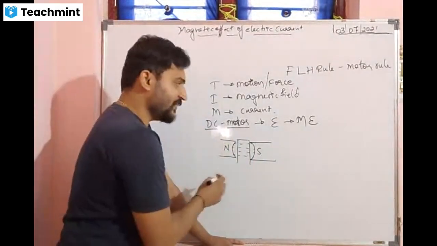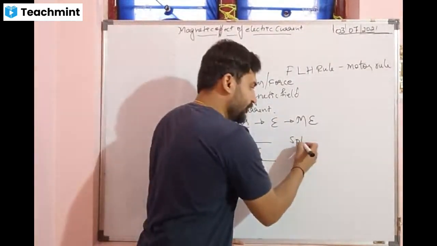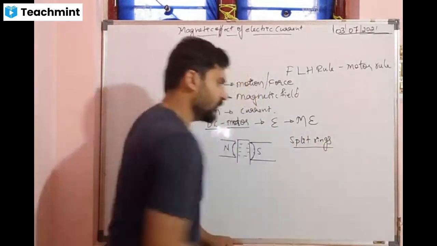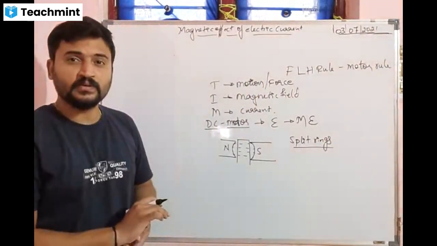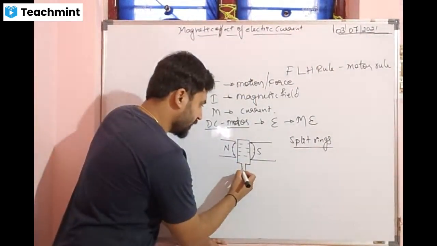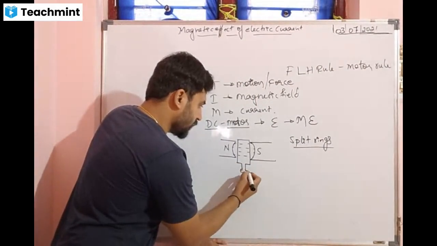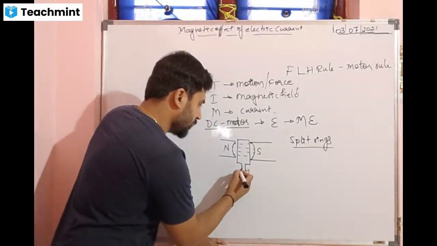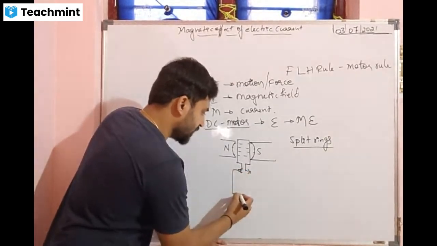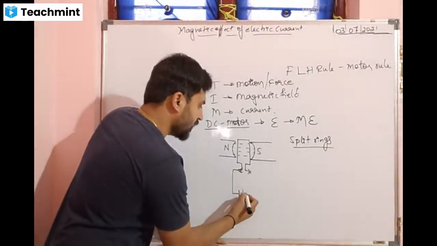So this is DC. In DC we use split rings: ring 1, ring 2. Here are carbon brushes, brush 1, brush 2. It is taken out and we give electricity.